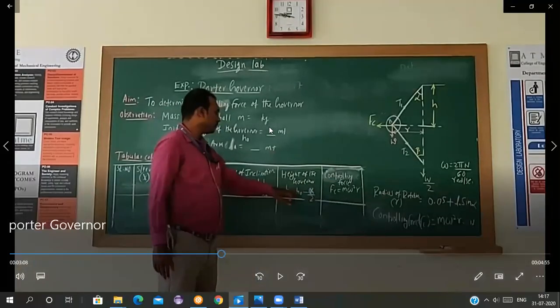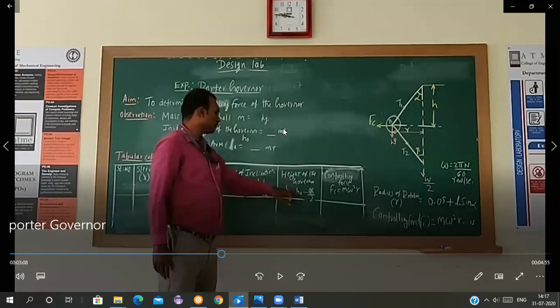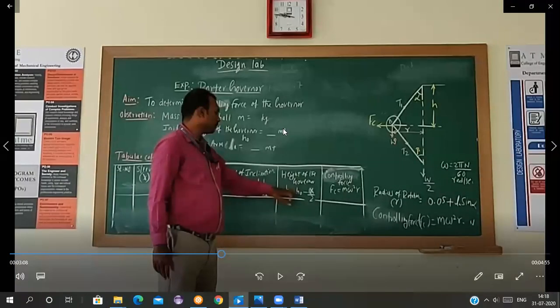Now see, the mass of the ball we are taking as 0.7. You all can note it. Initial height of the governor, we can take approximately as 15 centimeters, just by approximation, because I remember some points from when I was performing the practical.